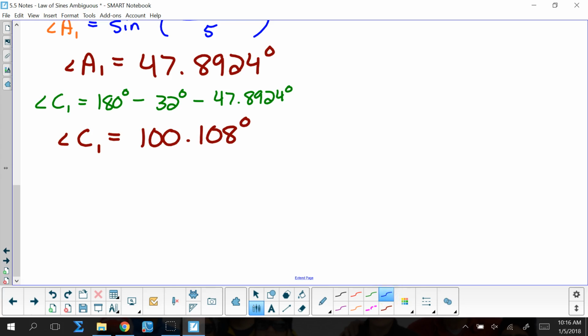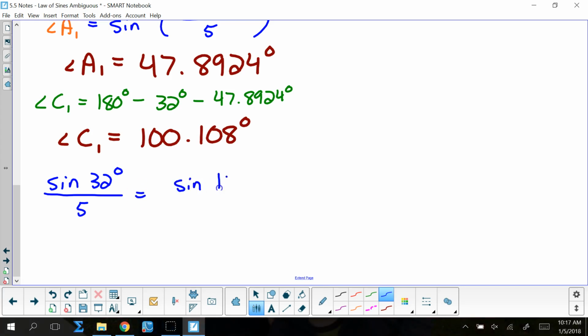I left things exactly on the calculator I was using, just so you know. So the sine of 32 degrees divided by 5 equals the sine of 100.108 degrees divided by side C sub 1.